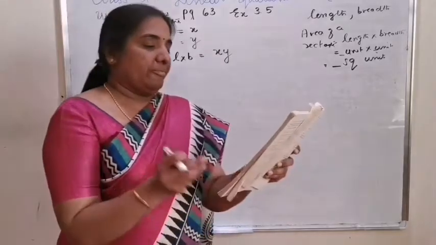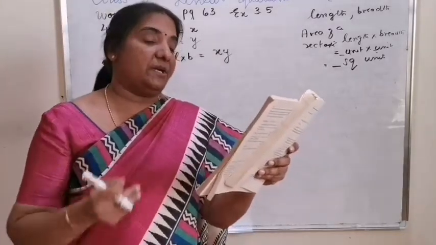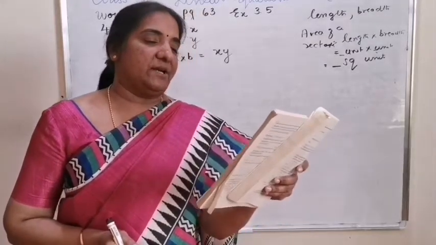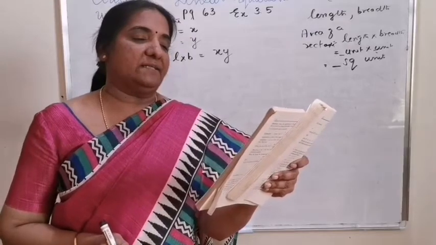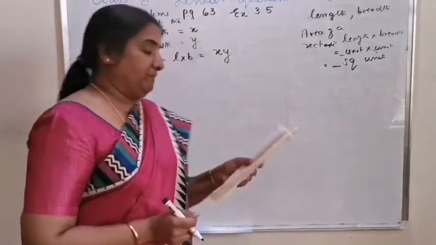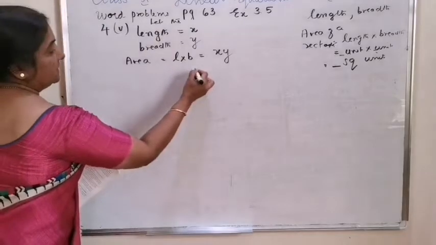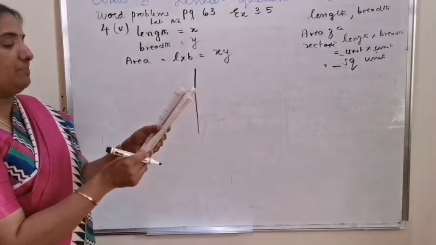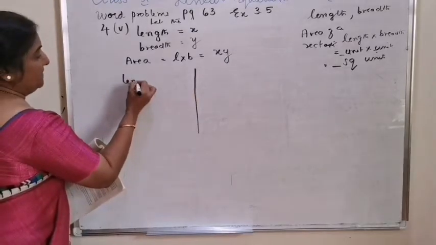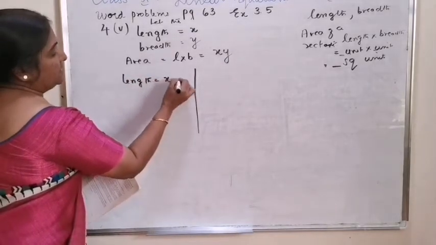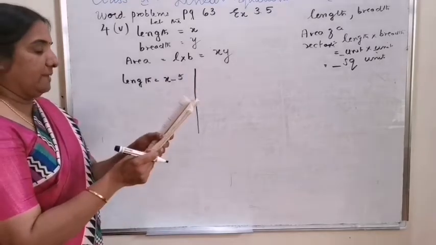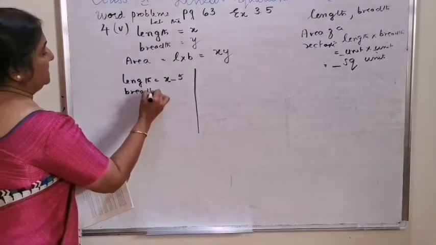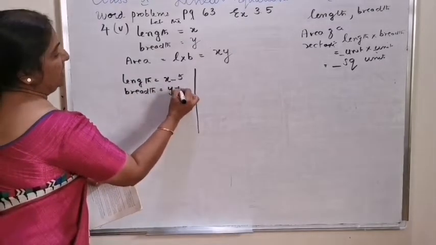The question is, the area of a rectangle gets reduced by 9 square units if its length is reduced by 5 and breadth is increased by 3. In the first case, the length is reduced by 5 and the breadth is increased by 3.